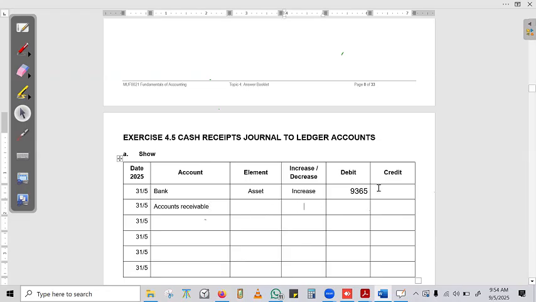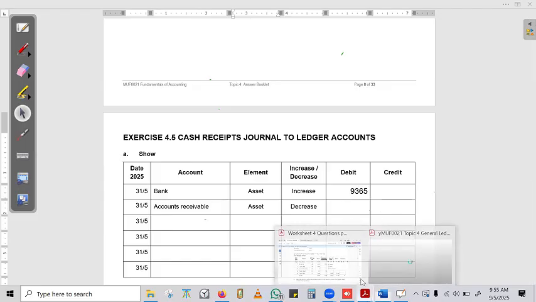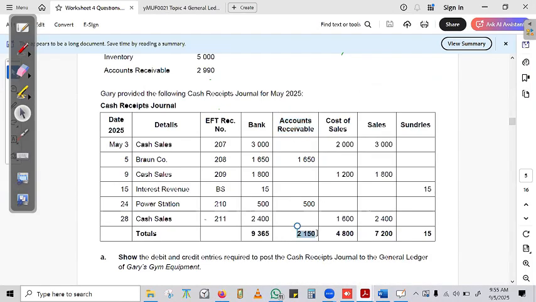Decrease. Very good. Decrease. Accounts receivable is an asset. So debit or credit? Asset decrease. Credit. Credit. Yes. Asset decrease is credit. Very good, right? 2,150.